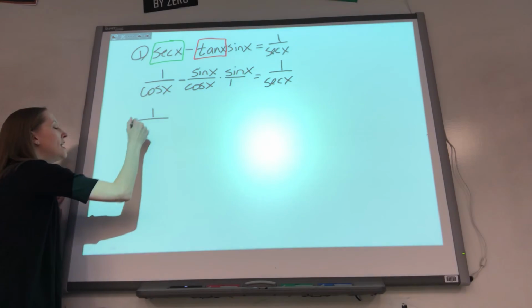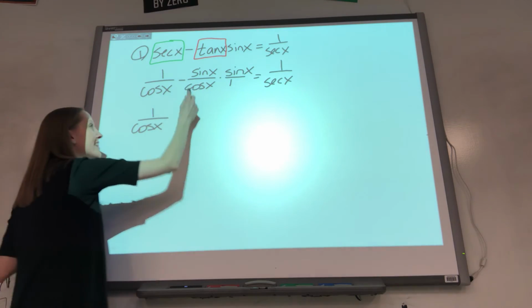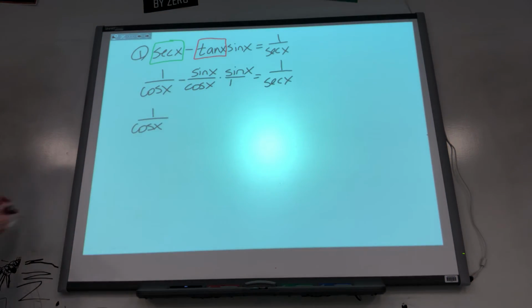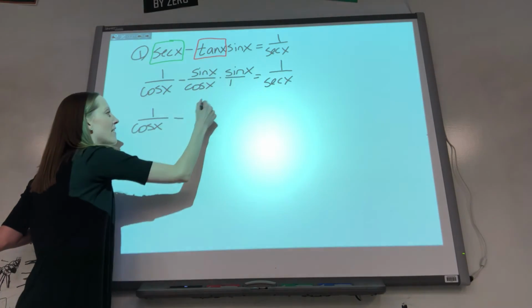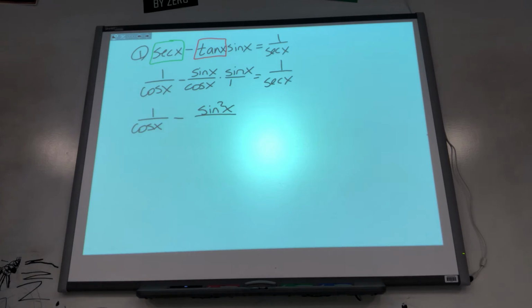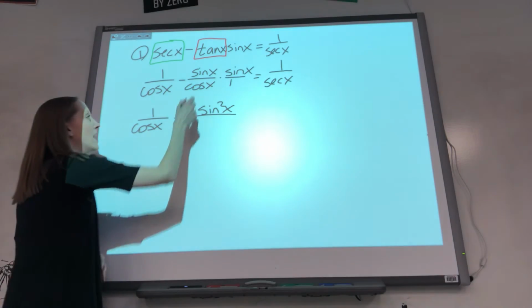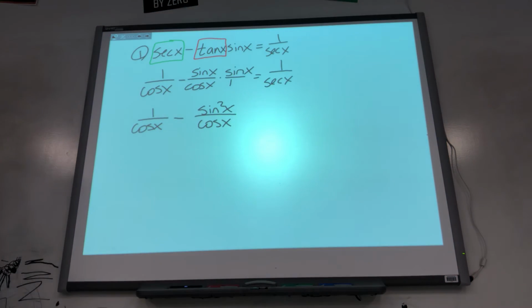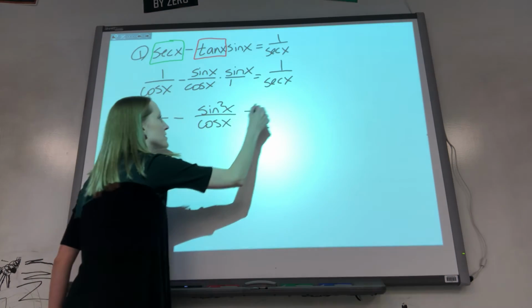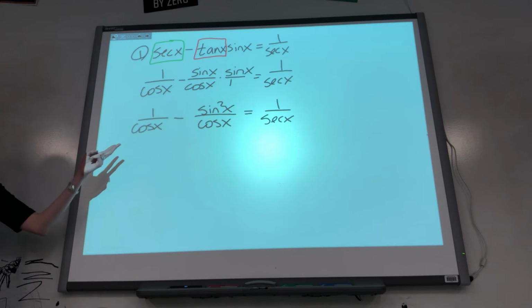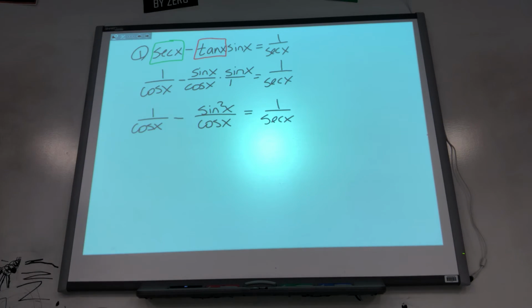Okie doke. Now, we need to make this look better, just like we did with number 3. So sine of x times sine of x, that would be sine squared of x. Cosine of x times 1 is cosine of x. And there's the right side, still hanging out. Now, this is actually a little bit nicer than our example earlier.